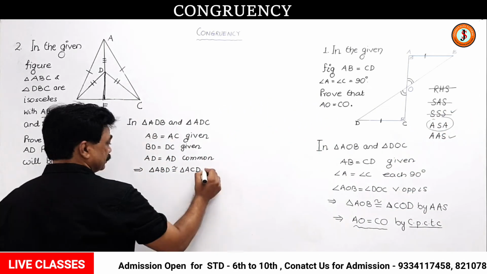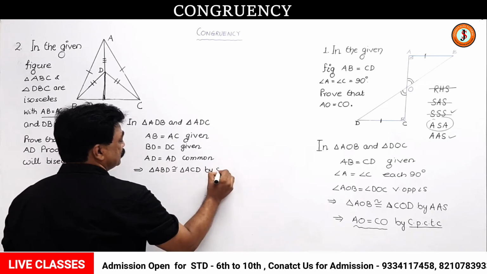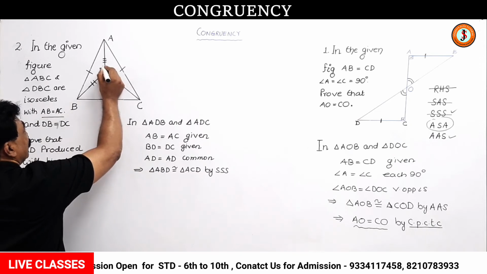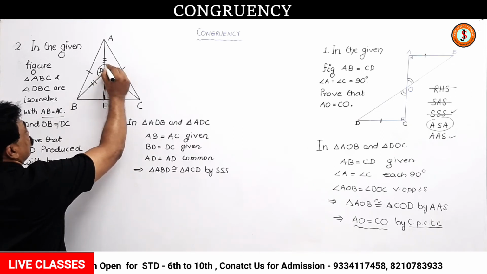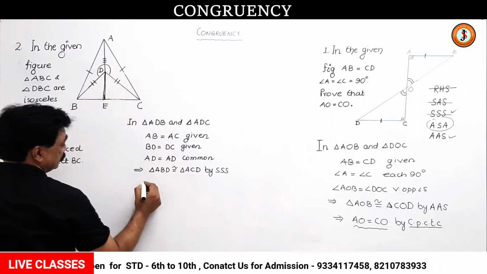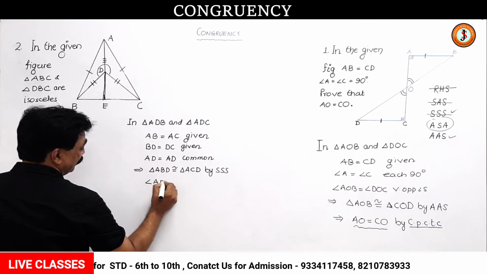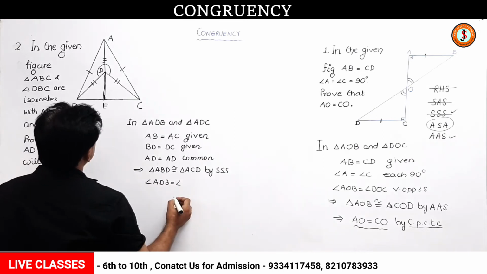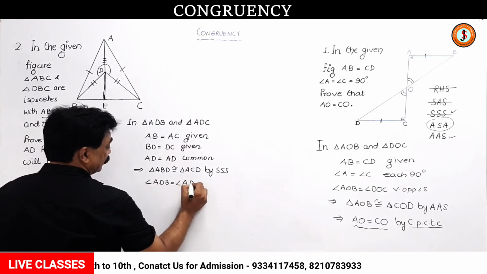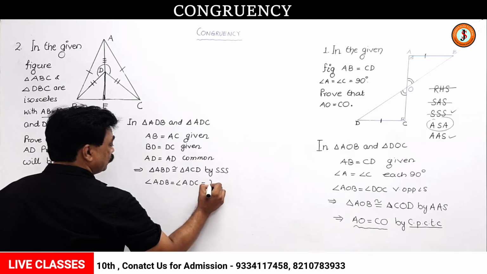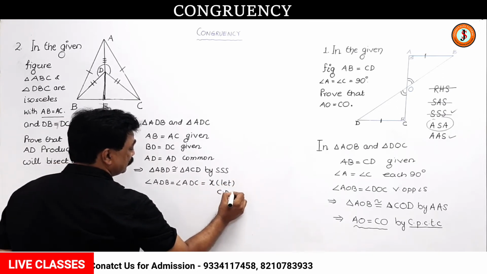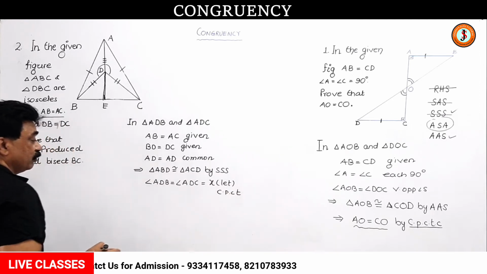So by SSS congruency, angle ADB will be equal to angle ADC. Let each be equal to x. Why are these equal? By CPCT. But then what happens?